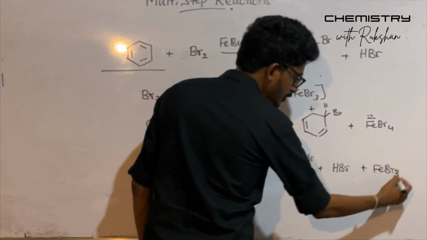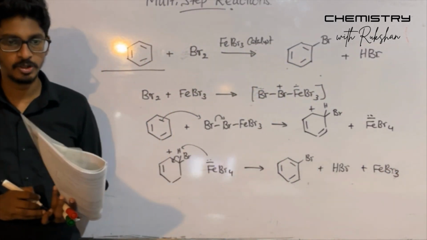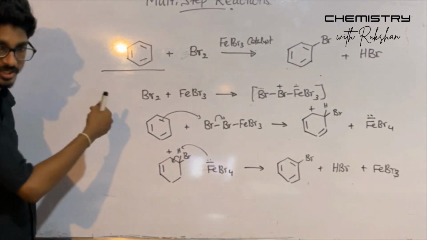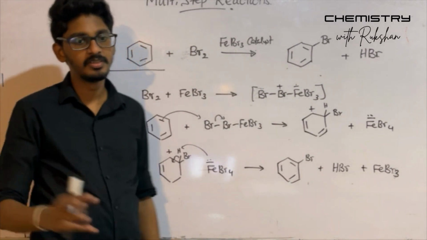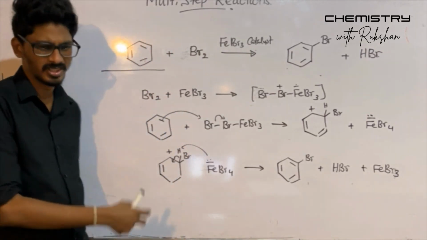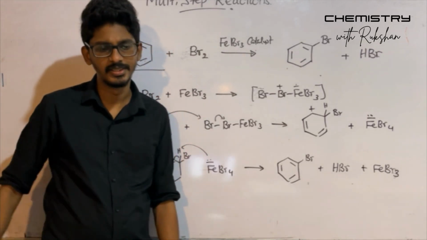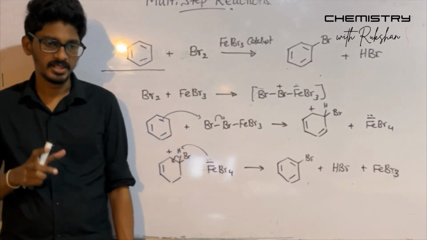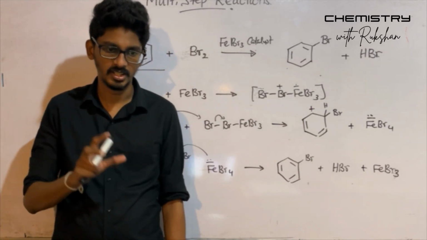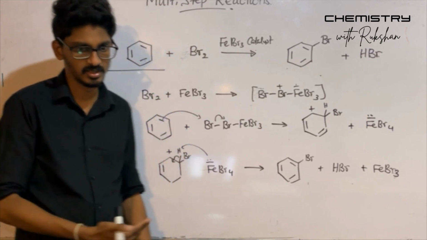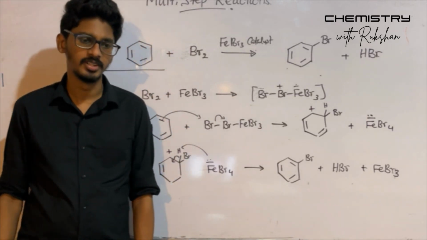This is the mechanism. It's a reaction which involves 3 steps. The other thing is not actually a step; it is just showing the aromatic, resonance stabilization of the arenium ion. That is not a step, but 3 steps are involved here.